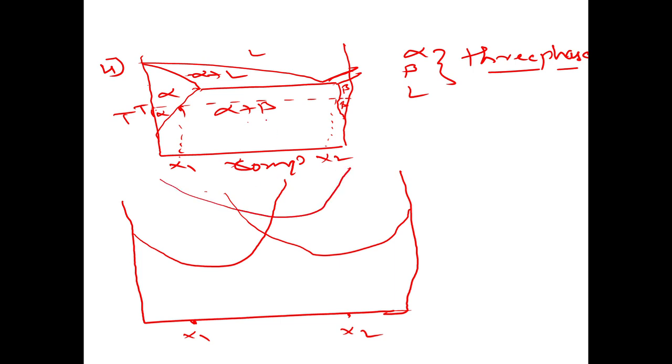It is not stable at all at this temperature. That's why, when you draw a common tangent, this one will be your x1. Sorry for this, I will write it one more time.